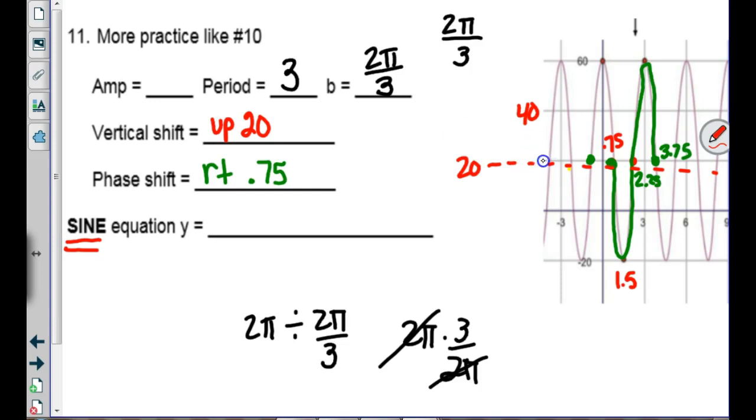And the amplitude would be 20 down to negative 20, which would be 40, or 20 up to 60, which would be 40. So the amplitude is here to here, or here to here, which is also 40. Okay, anybody got the equation? But you told me to start here and go down, so it would be a reflected.